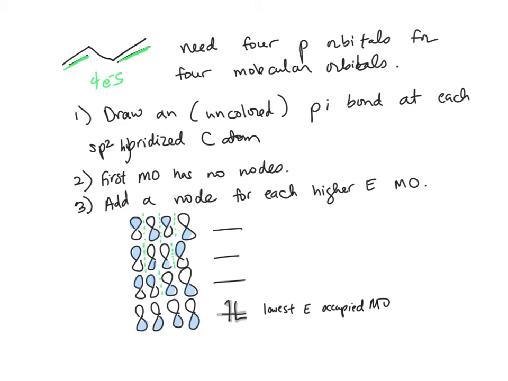We know how to populate the orbitals because we know that we have 4 pi electrons to use. So that means we can populate this second orbital up. And now we've used our 4 pi electrons.